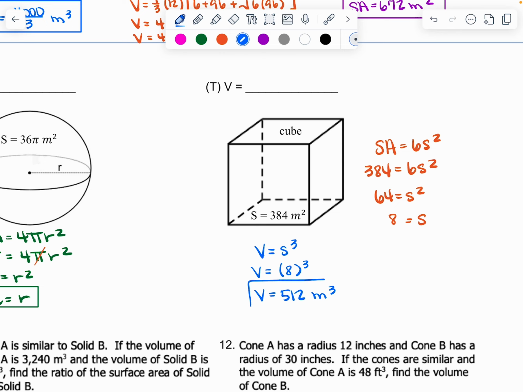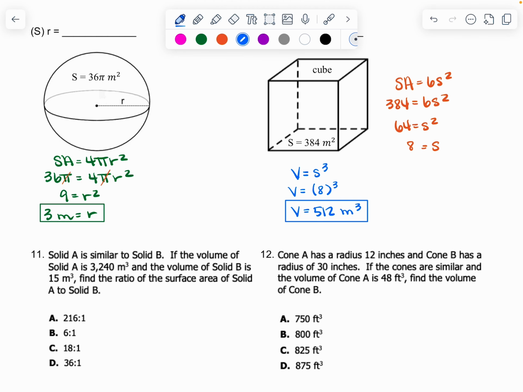Let me double check my math. Yeah. So 512 cubic meters. Right, so be really careful on those 2 to 3 part questions, where you're using one formula to solve for a variable so you can plug it into another formula. Make sure that you're paying attention and you're actually solving the whole thing.